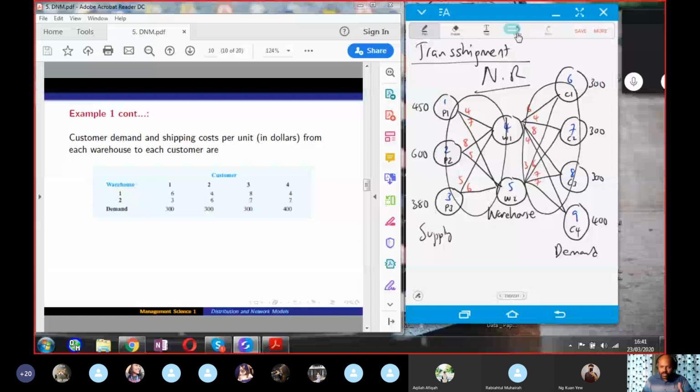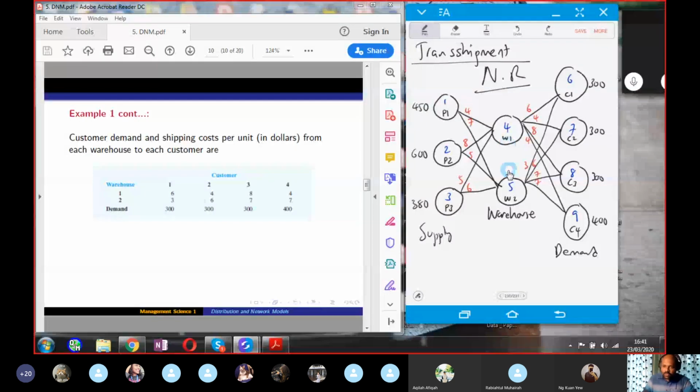Therefore, we're going to see what is the quantity from plant 1 to warehouse 1. After that, we're going to see from warehouse to customer. So we will deal with plant to warehouse, and then we will deal with warehouse to customer. Okay, clear? Now we're going to give the notation for the quantity distributed from plant 1 to warehouse 1. So how much they're going to give to the warehouse. What is the notation?